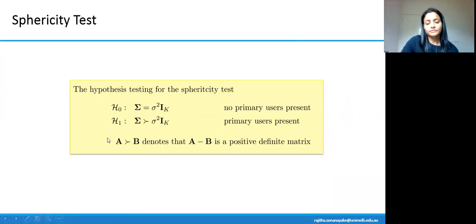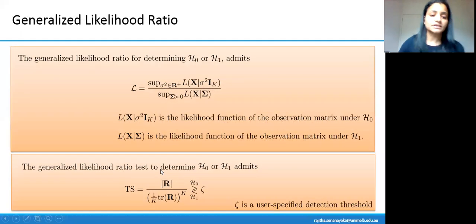Okay, so we have defined the detection problem. Next, we are going to come up with a test criterion that we can use to solve this detection problem. For that, we use the generalized likelihood ratio, which is basically a ratio of likelihood functions. In the numerator, I have the likelihood function of the observation matrix under the null hypothesis, and in the denominator, the likelihood function of this X matrix under the alternative hypothesis.